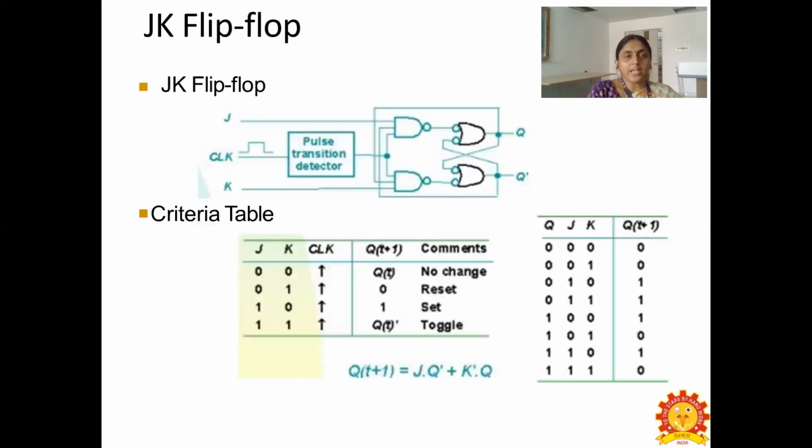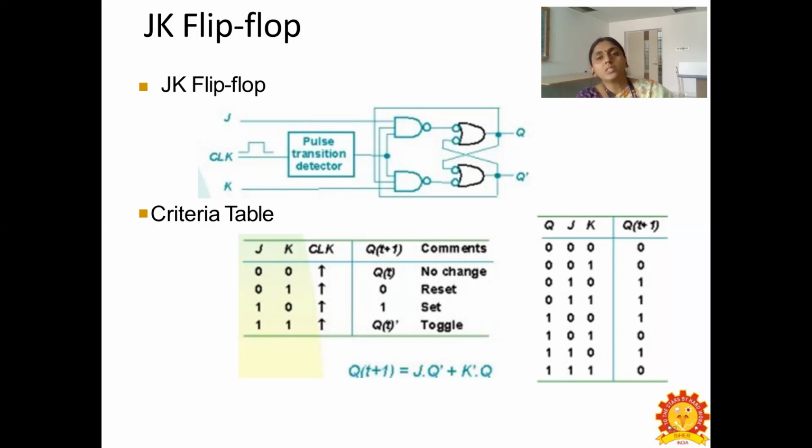So here is the circuit diagram for the JK flip-flop, where we can see two NAND gates and two NOR gates, and the state table shows the two inputs J and K along with the clock pulse. We can see that when J and K values are given as 0 and there is a positive clock pulse, that is a transition of the clock pulse from low to high, in that case the present state will be retained for the next state also, where there is no change in the output value.